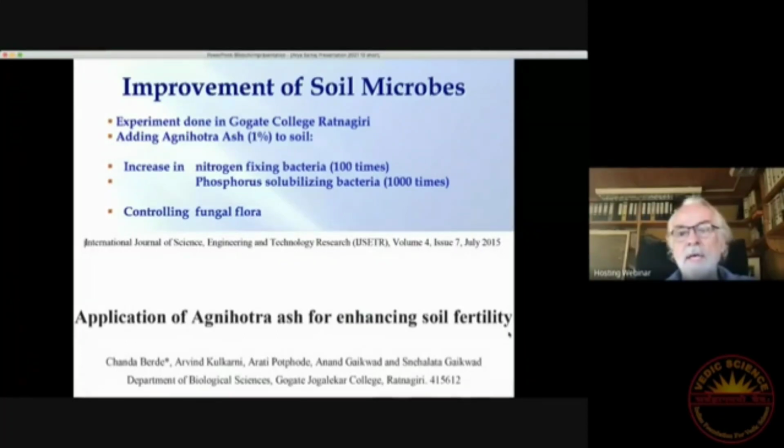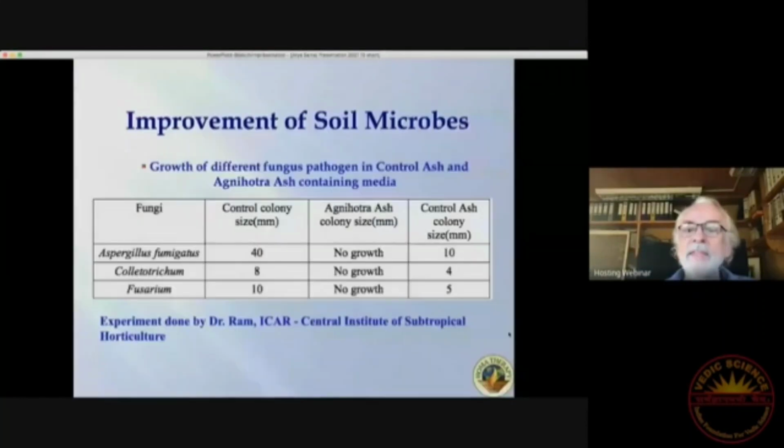So that shows you add Agnihotra ash and you don't need these fertilizers, nitrogen, phosphorus, and so on. At the same time, harmful fungi were controlled. And that was also independently examined in one ICAR institute in Lucknow by Dr. Ram.